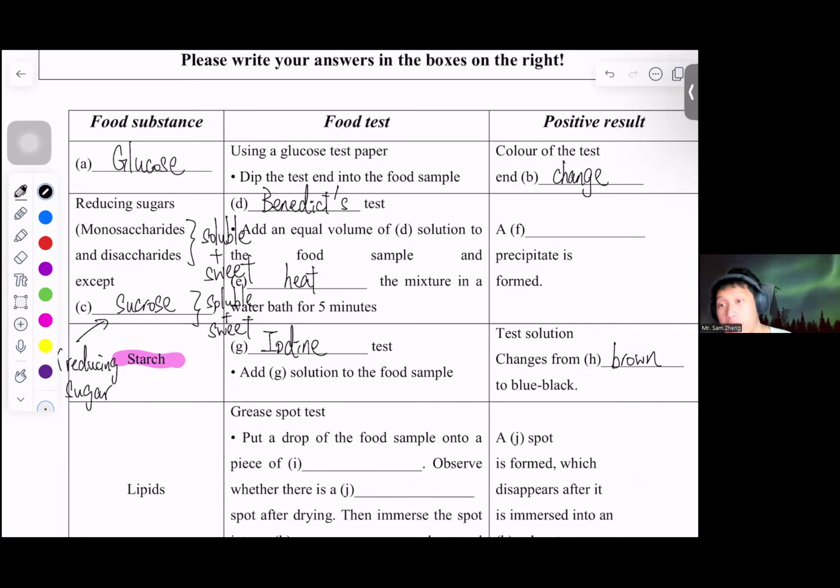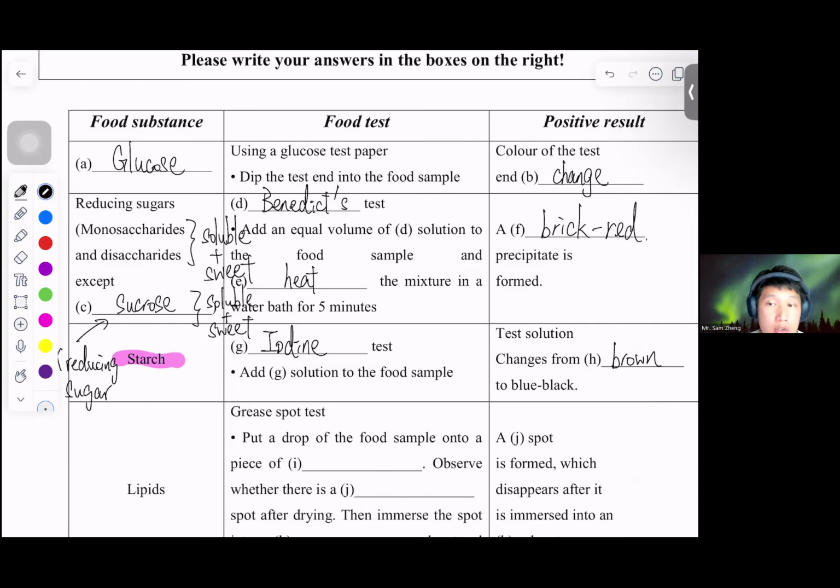at, for example, around 60 degrees Celsius or 70 degrees Celsius, for a certain period of time, and then we will form what we call the brick red precipitate, a red color precipitate.